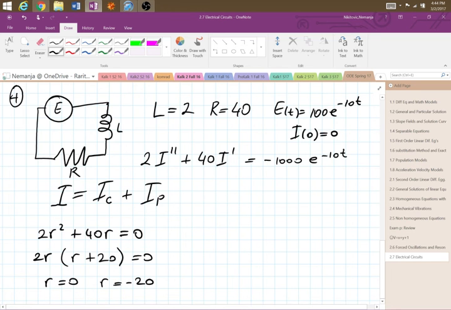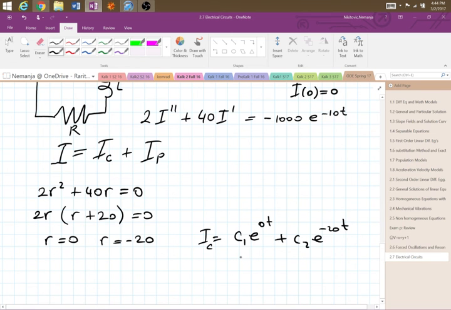So what I get here is the complementary solution equal to C1 e to the 0t plus C2 e to the negative 20t, and it's not 0, it's 1, so I_C is equal to C1 plus C2 e to the negative 20t. So that's the complementary part.